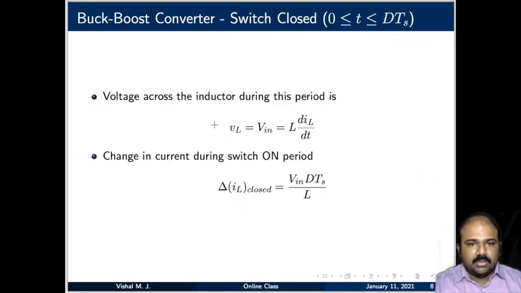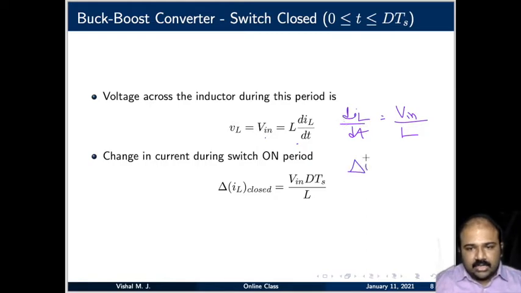Moving on. So what we have done just now is this. VL is equal to Vin is equal to L dI by dt. Now what is dIL by dt? Vin by L. This is what we have seen in the previous slide. What is dIL? Change in current, which is a linear change in current. So let me mark it as delta IL, the ripple current when the switch is closed.